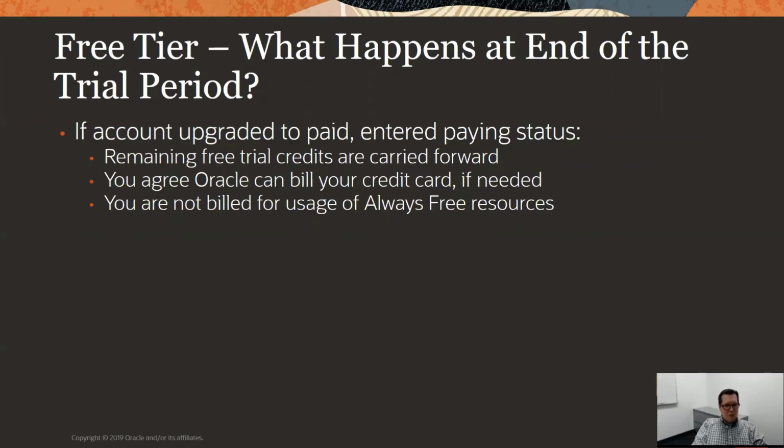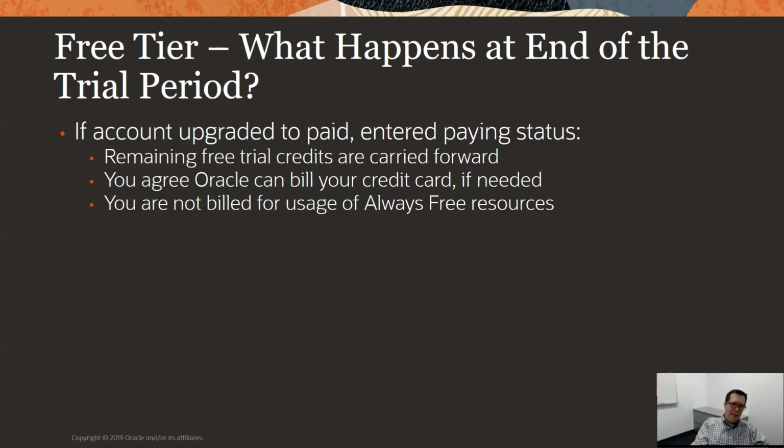If you do upgrade to a paid account and you enter into paying status when the trial period ends, the big change is at that point you're agreeing that, okay, if I do consume paid resources, Oracle may charge me for my use of those paid resources. So there's a click through, and there's an agreement that goes along with it, basically saying, if I use paid stuff, Oracle can charge me now.